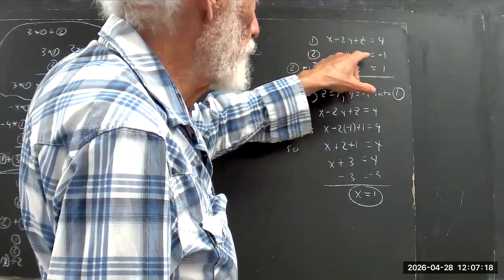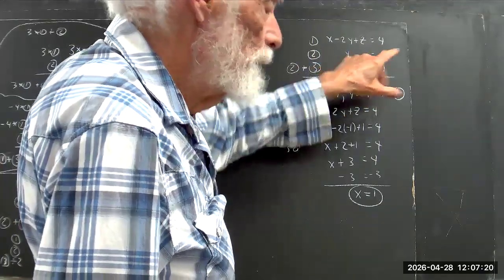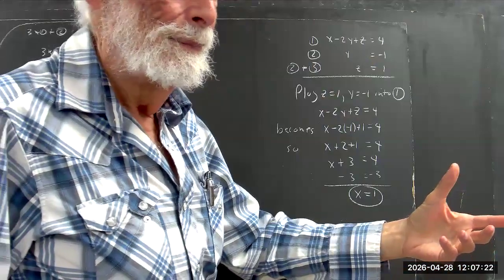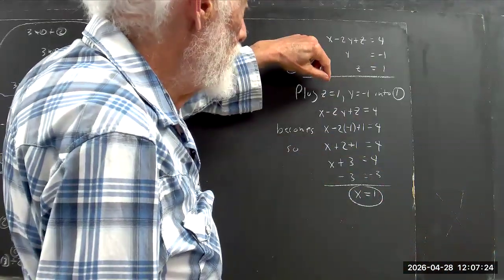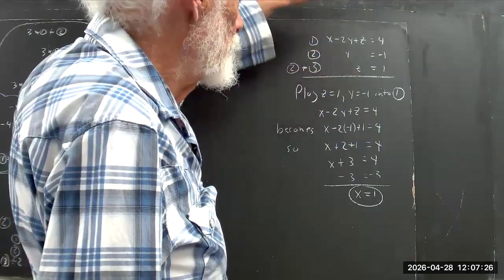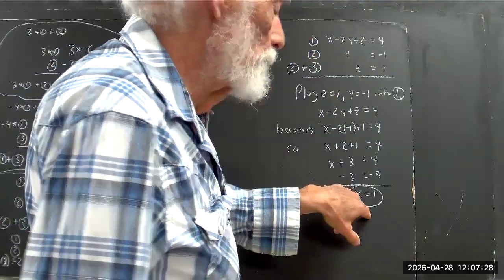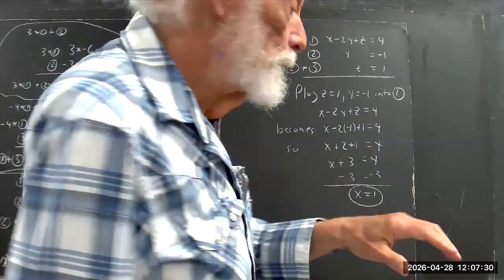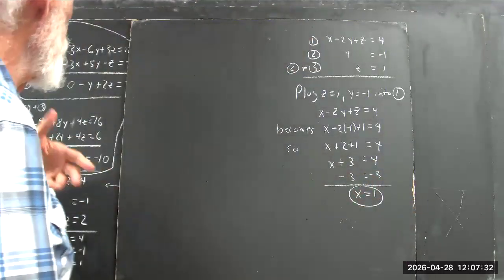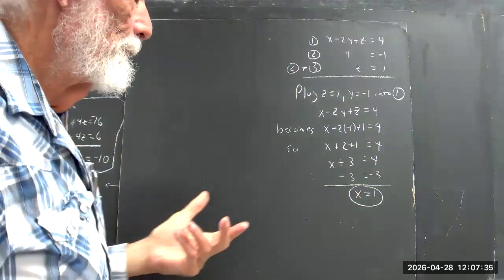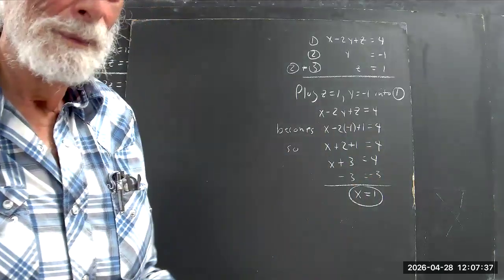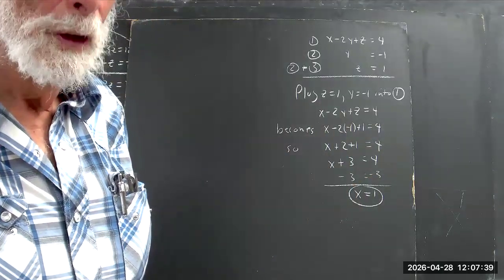You'd have to plug 1 in for that z and solve for y, but that's easy. At that point, you have values for y and z that you can plug into equation 1 and find out what x is. Then you can plug those numbers into all 3 of the original equations and see that they satisfy the equations. Okay?